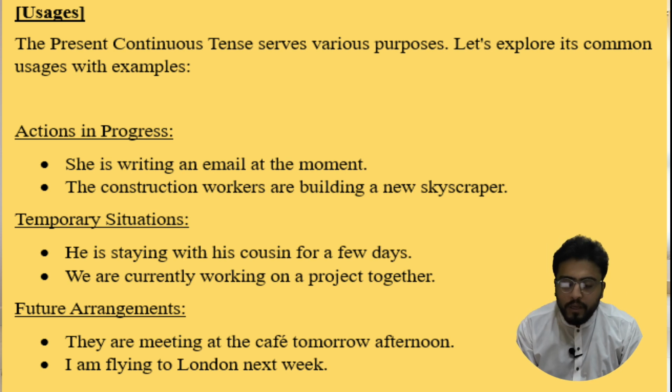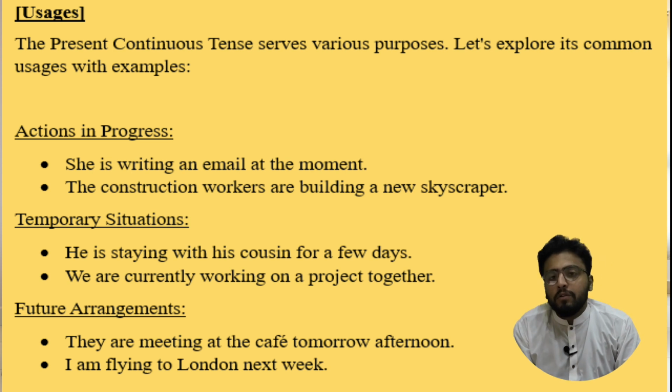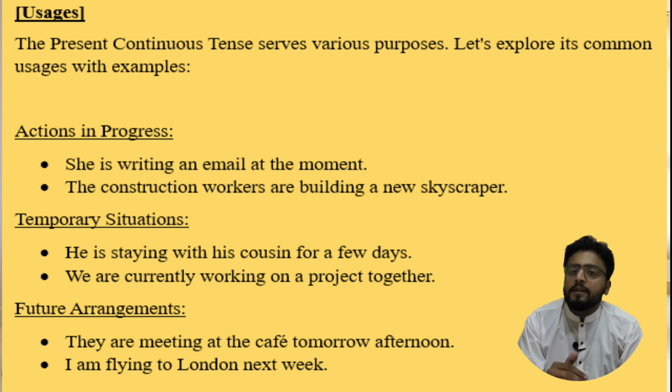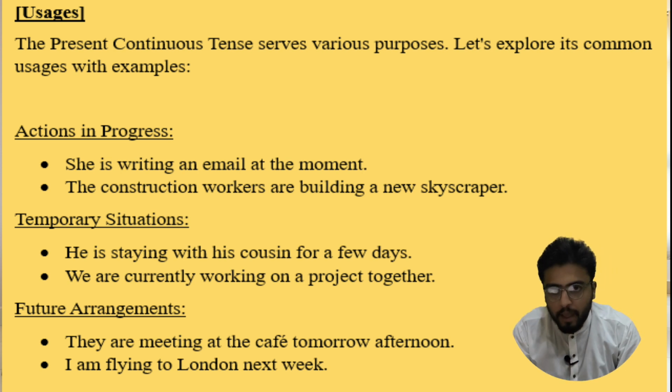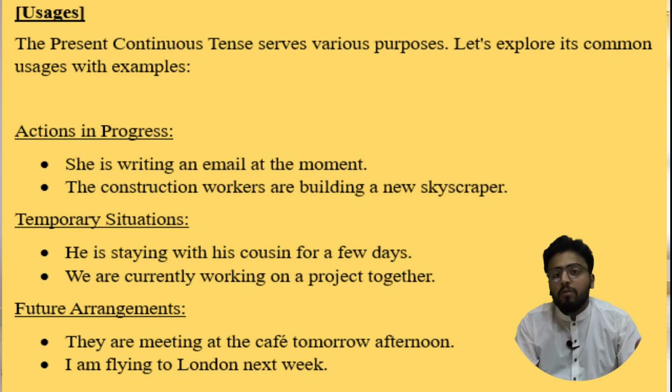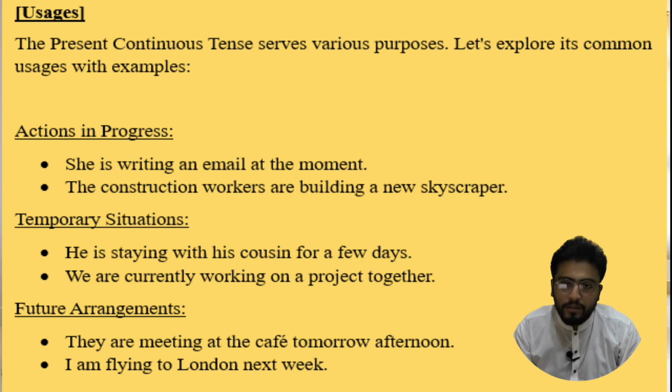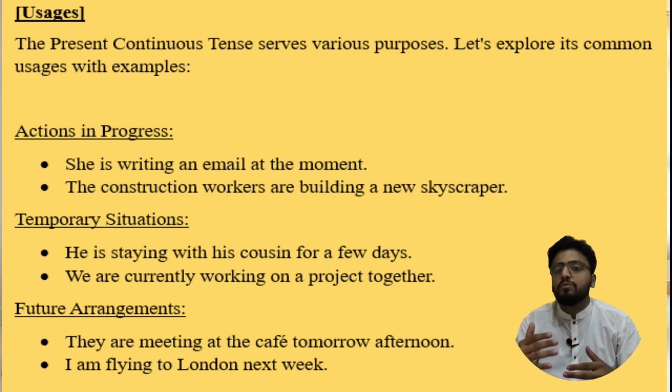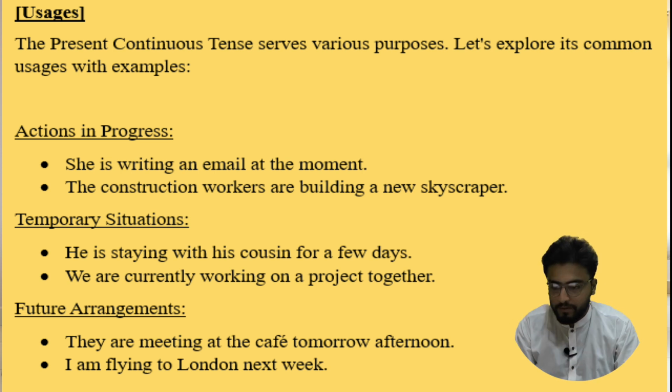Moving on, you can also see that present continuous tense is also used to highlight or to talk about future arrangements. It is something really important to learn how present continuous tense is used to talk about future arrangements. Look at the examples.